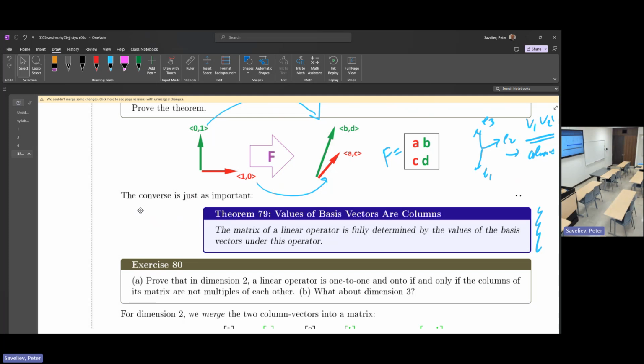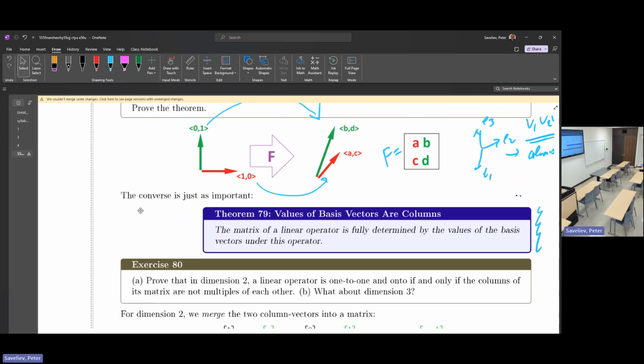Okay, so that's how the matrix is formed. If you know what a linear operator does, you just ask it to do two things: evaluate where (1, 0) goes and where (0, 1) goes, and then these two vectors are written. Once again, they're two vectors, each of which is a column.